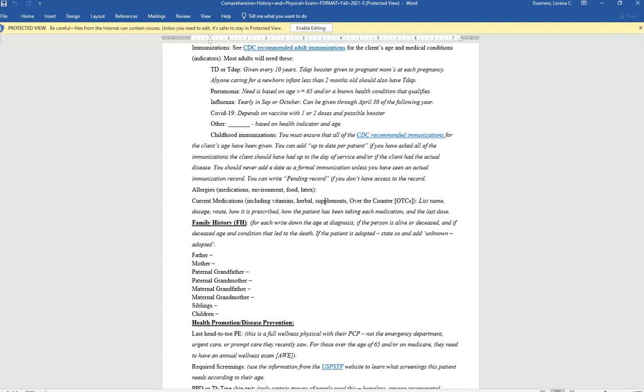Current medications, including vitamins, herbal supplements, over-the-counter. What you want to do, again, this is the important part. How am I going to list it? You want to list the name, the dosage, the route. Is it oral? Is it topical? How is the patient using it? Is it an injection, subcutaneous, intramuscular that they give?